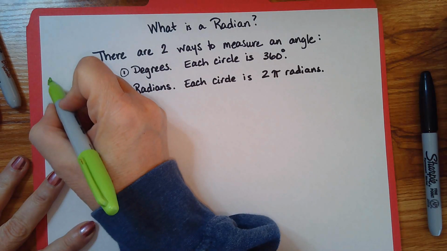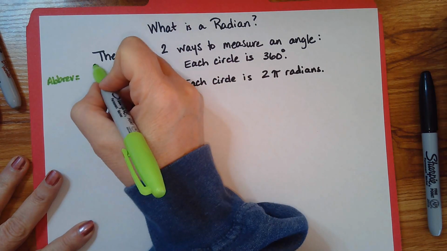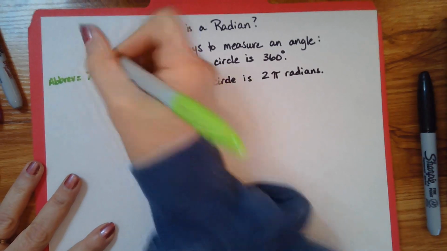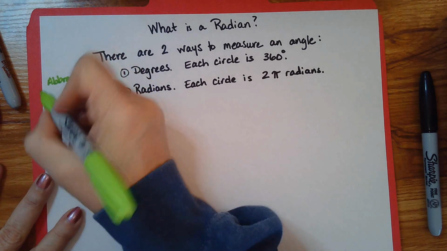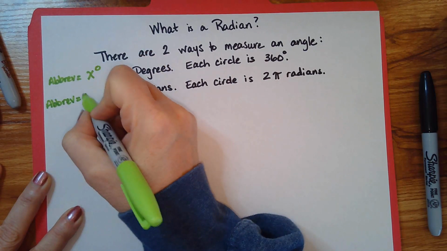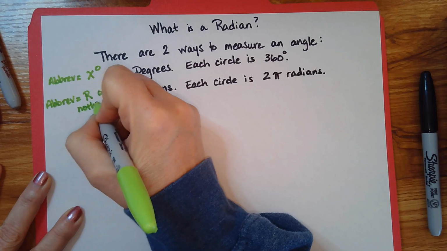So let's talk for a second about the abbreviations. The abbreviation for degrees is that little degree sign, right? So it would be X degrees that an angle could be. Radians, the abbreviation for radians could be a capital R, but lots of times it's nothing.